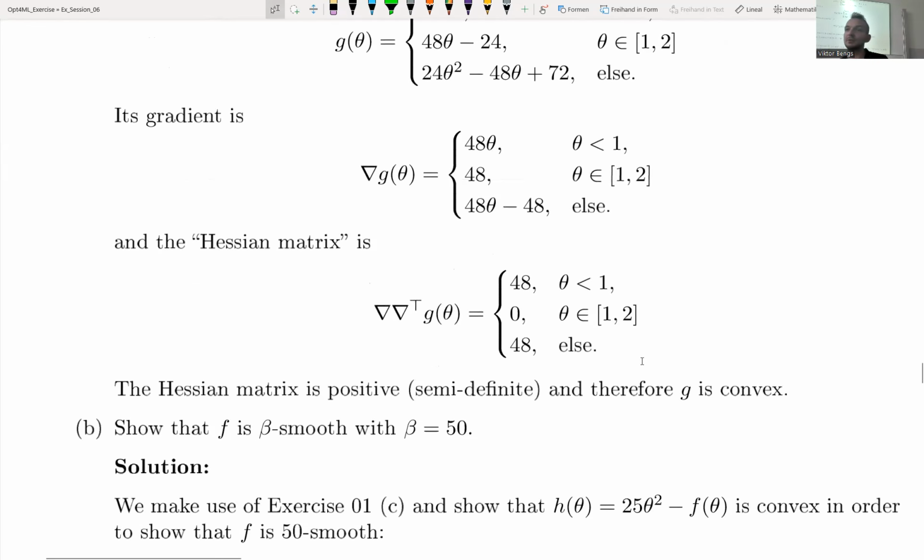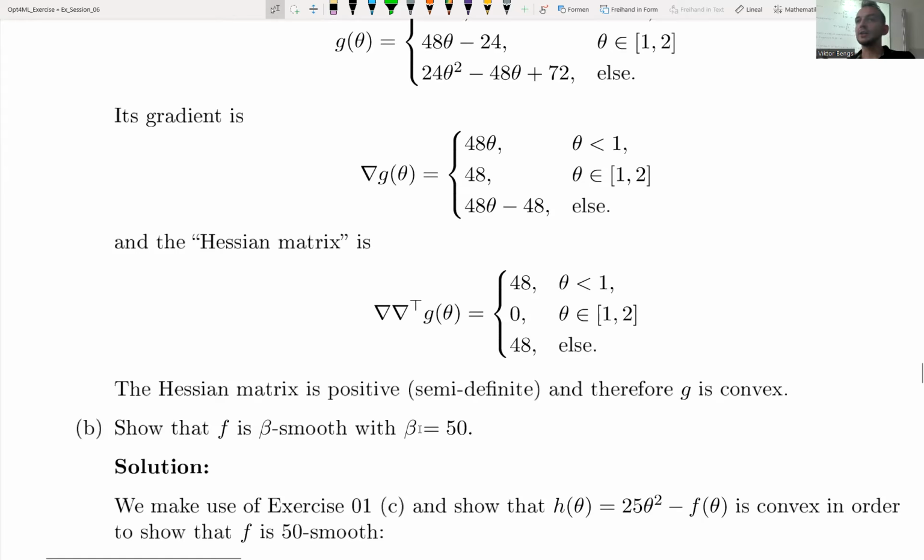In all cases, we have something which is non-negative. 0 is neither positive nor negative, so it's non-negative for all the values.